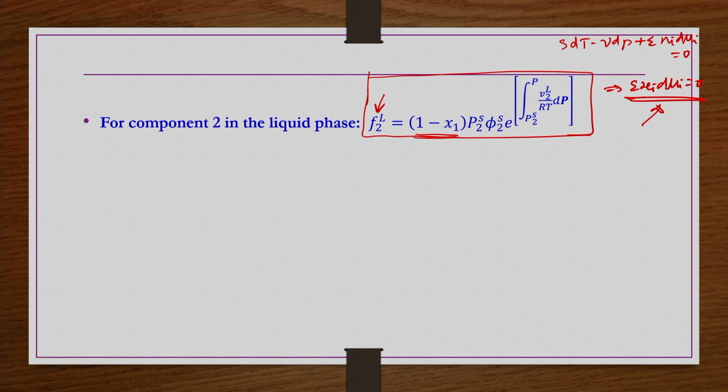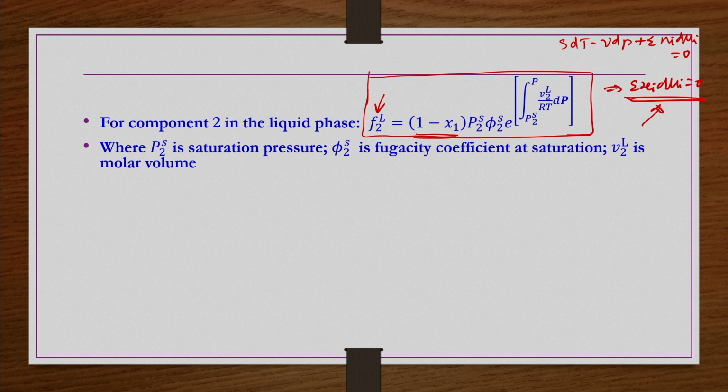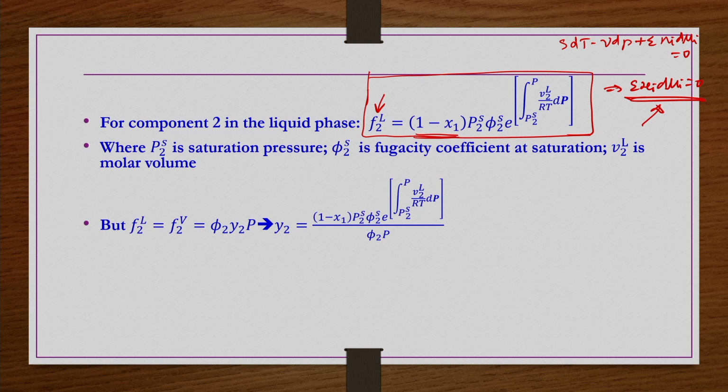Now the only unknowns were F1L and F2L, and we got that information by taking Henry's law as a reference state. Then the remaining calculation should be straightforward. Here P2S is the saturation pressure, Phi2S is the fugacity coefficient at saturation pressure, and V2L is the molar volume of component 2.